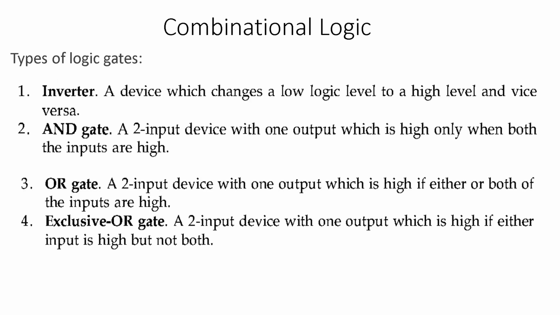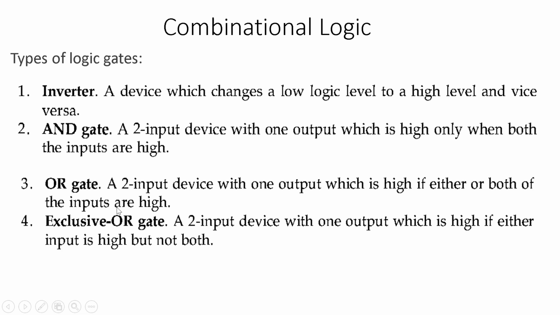So what are these types of logic gates? We have four basic ones: the inverter, the AND gate, the OR gate, and the exclusive OR gate. An inverter is a device which changes a low logic level to a high level and vice versa. An AND gate is a 2-input device with one output which is high only when both inputs are high.